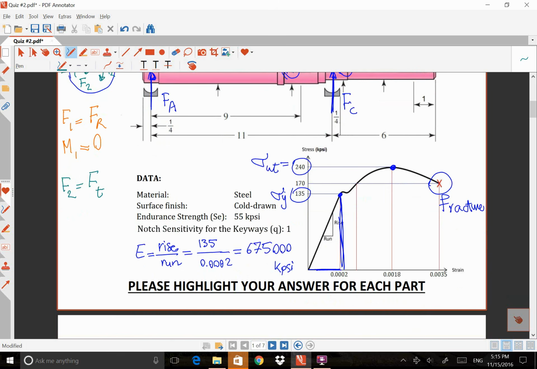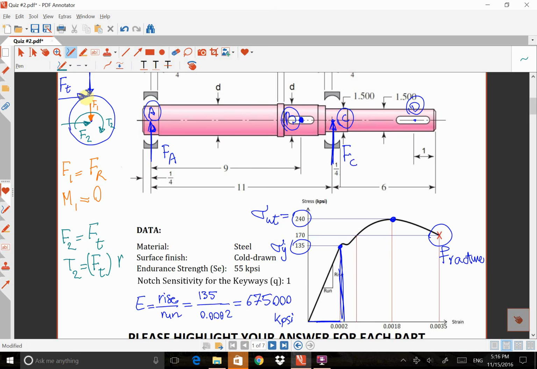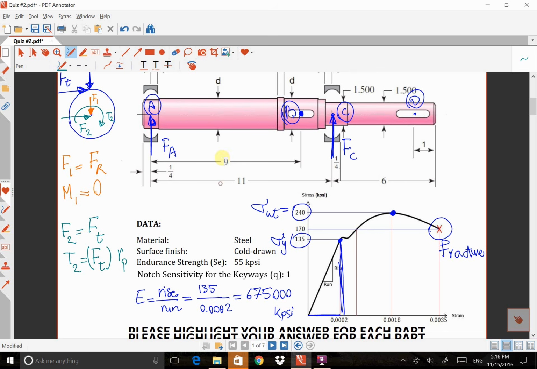Moments and torques are found in the same way. So T2 is the amount of force that I had times R, the distance between the force and the center, and this R is the pitch radius.